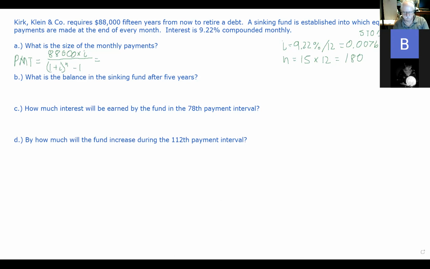So store that. And then here, recall 1 plus 1, y to the x, 180 minus 1 equals that.